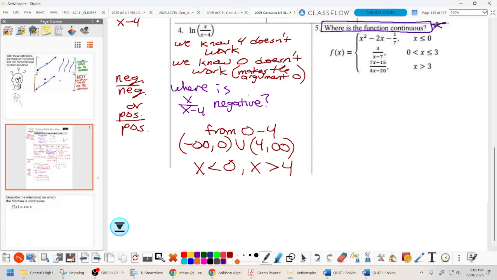So let's just take it piece by piece. In fact, before we do that, I'm going to write that note. So analyze each piece for domain restrictions.